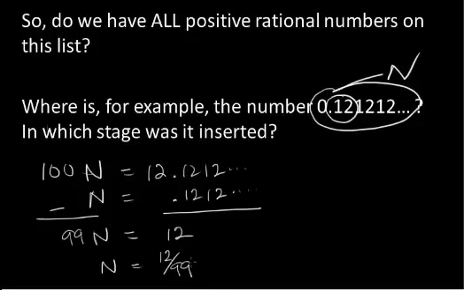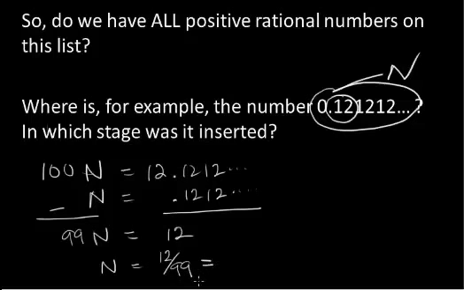Which stage was this number put on? Well, remember, numbers were put on in reduced form only. This is a proper fraction, so it's definitely going to be in stage 2 after the natural numbers, but let's figure out exactly where it was put on the list.